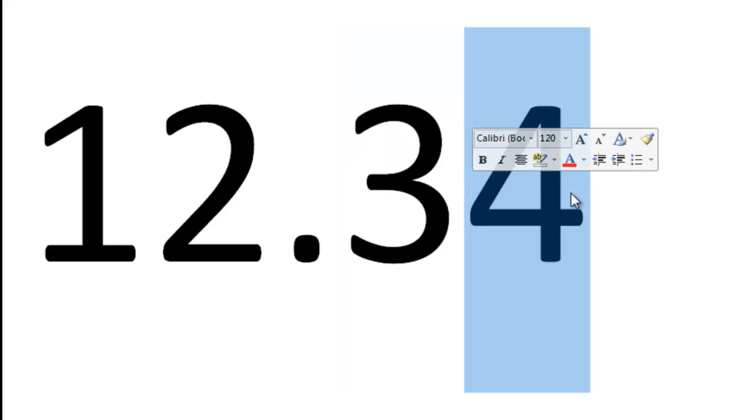And this is 4 divided by 10 to the power of 2. So it's 3/10 plus 4/100. But we read it as 12.34.